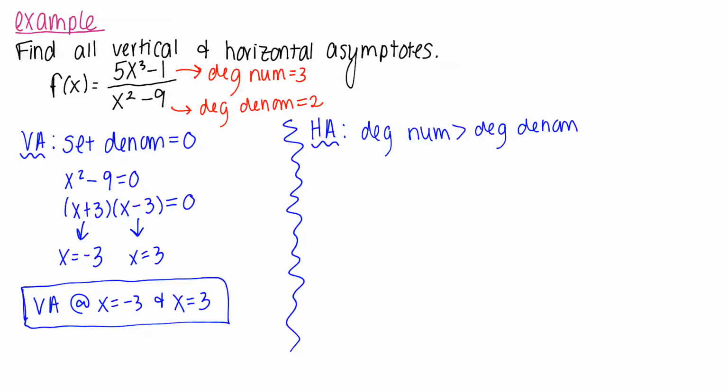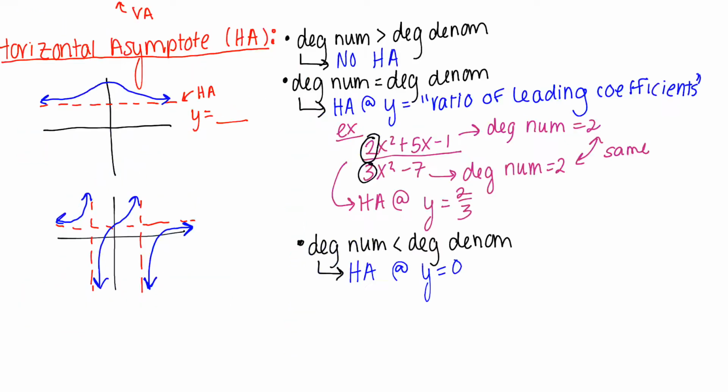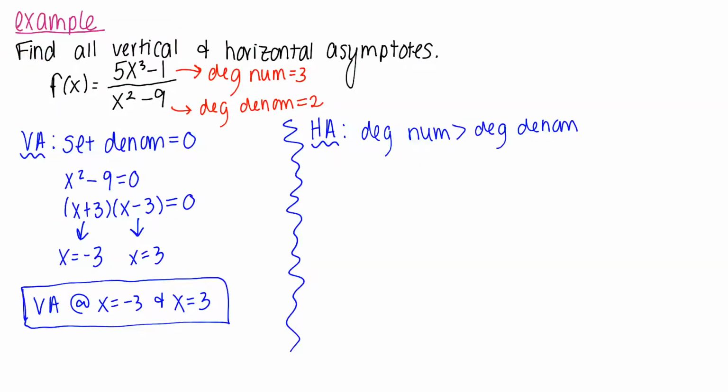If the degree of the numerator is greater than the degree of the denominator, let's get back to this page, there's no horizontal asymptote. So degree of numerator greater than degree of denominator, no horizontal asymptote. And that's the answer there. So this was just finding the vertical and horizontal asymptotes.